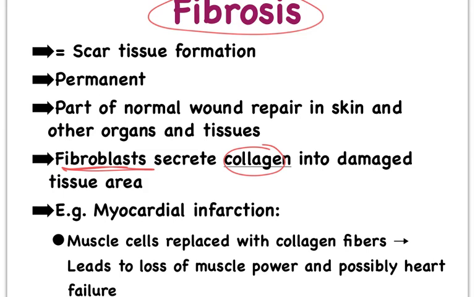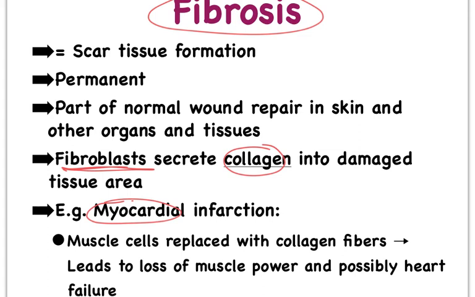And this tends to happen when a person has had a heart attack, a myocardial infarction. The muscle cells die because they became ischemic, and heart muscle cells can't divide and replace themselves. So instead, scar tissue fills in that particular area.